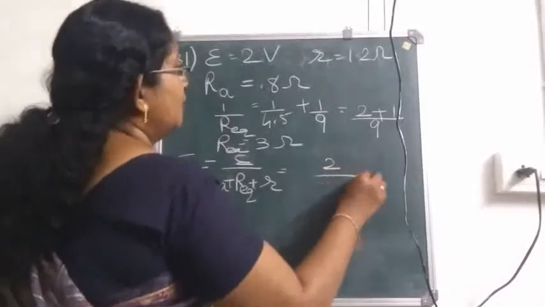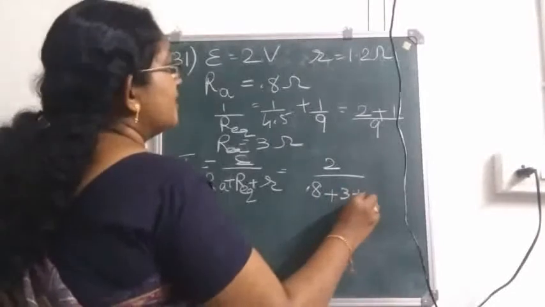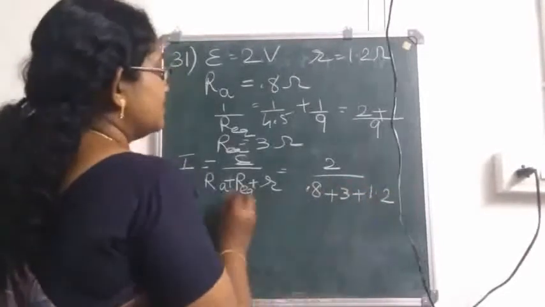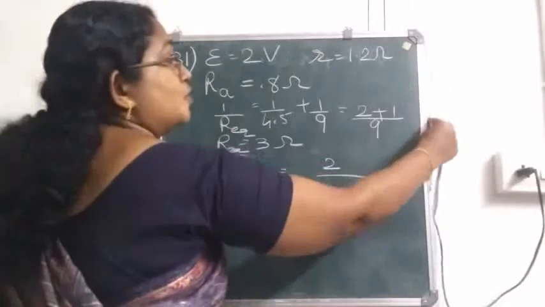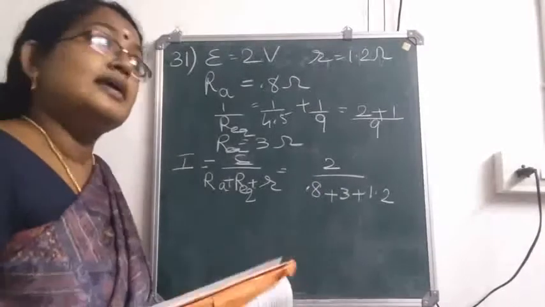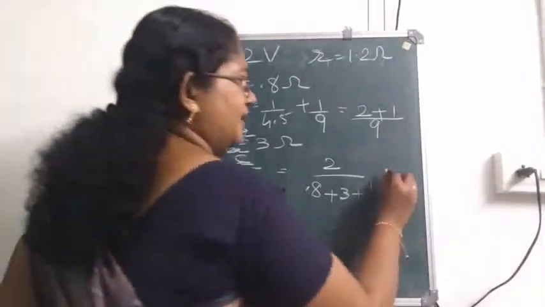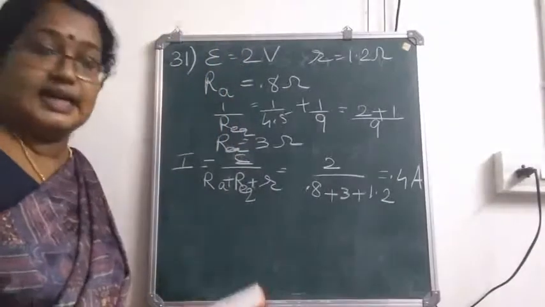Epsilon is 2, 0.8 plus 3 plus internal resistance 1.2. 1.2 plus 0.8 is 2. 2 plus 3, 5. So 2 by 5. That means 0.4, isn't it? So 0.4 ampere is the current.